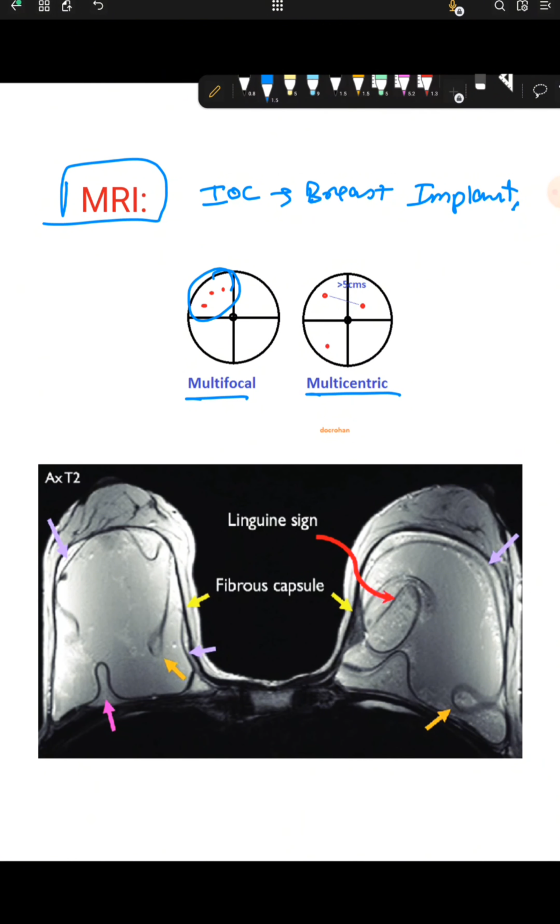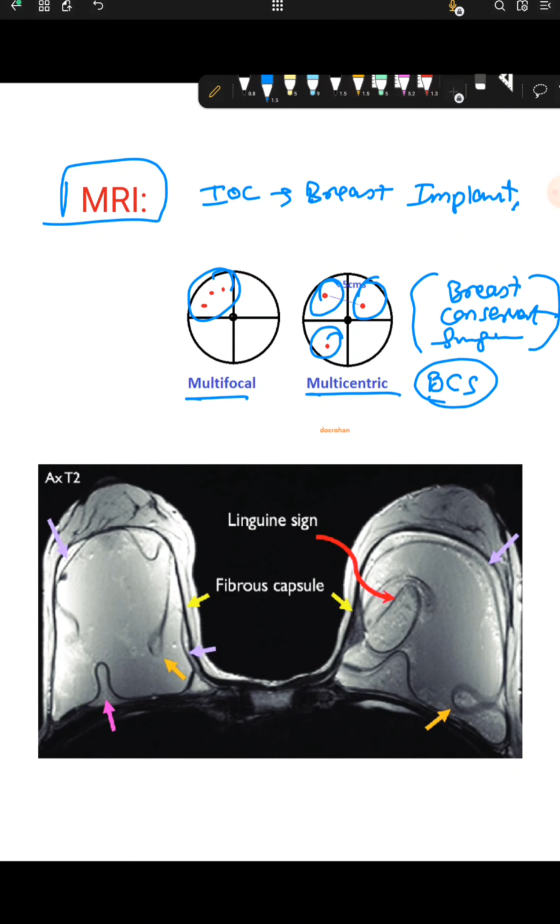Cancer in one place inside a single duct. When there is cancer in multiple ducts, it is called multicentric. So it is the differentiation between multifocal and multicentric. But one thing you should know is that BCS is contraindicated in multicentric malignancy. What is BCS? It is the breast conservative surgery. In the next module we will definitely discuss this.